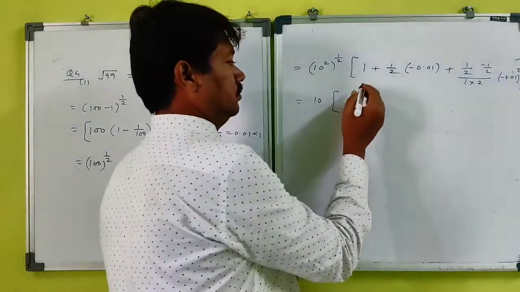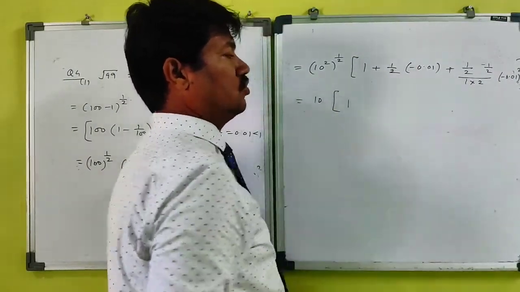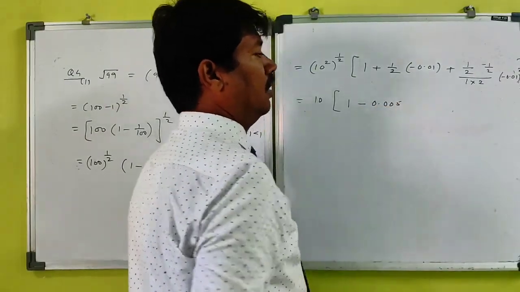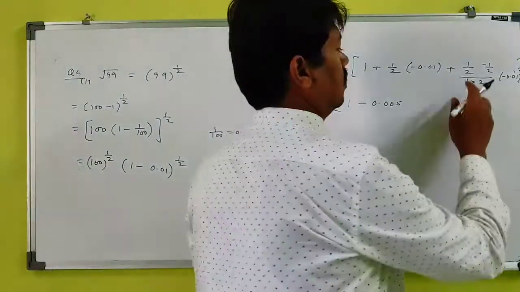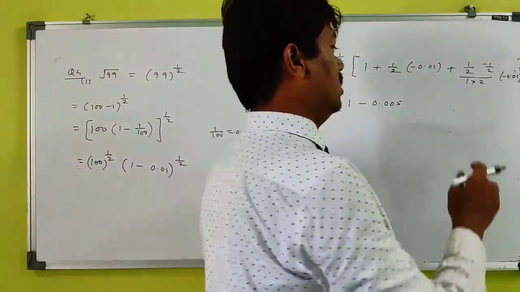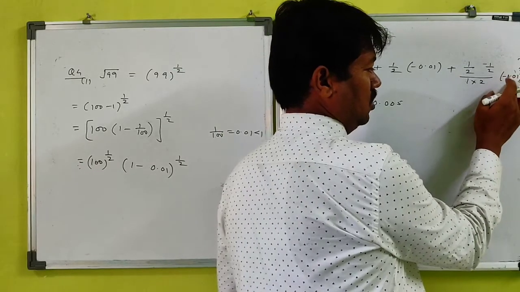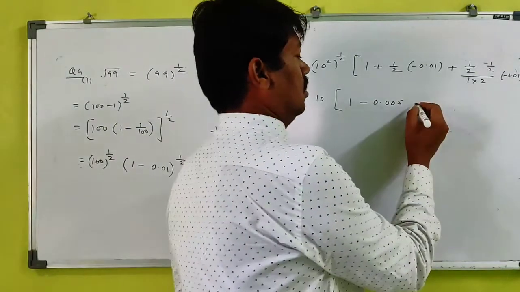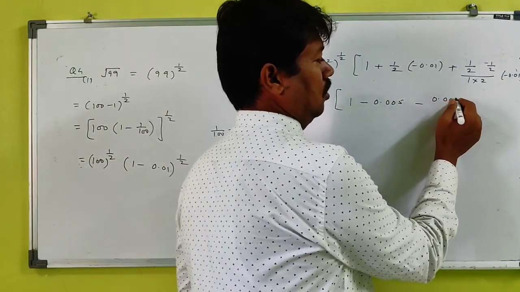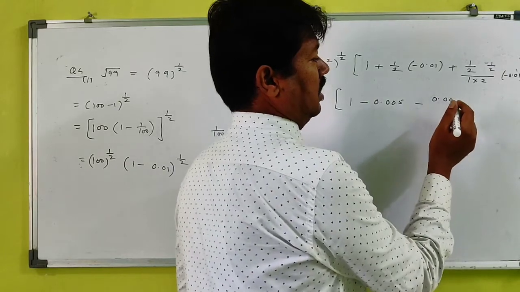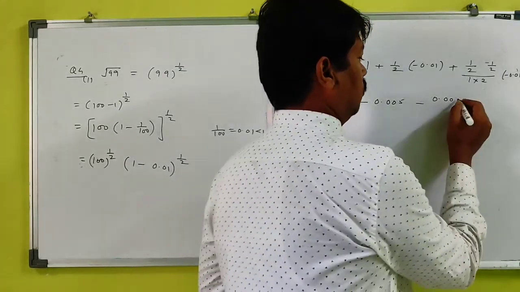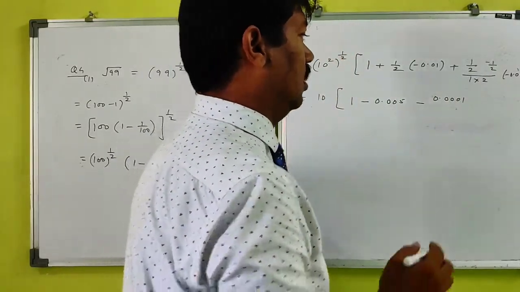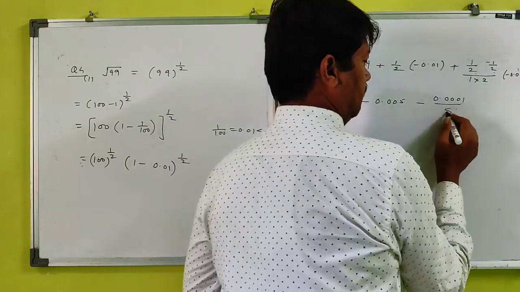So 1 by 2 is 0.5, into that, so it will become minus 0.005. Then the signs: minus and minus become plus, and with the minus sign outside it becomes minus. The square is there, so up to 4 places it will be 0.0001 upon 8. 2 into 2 into 2 becomes 8.